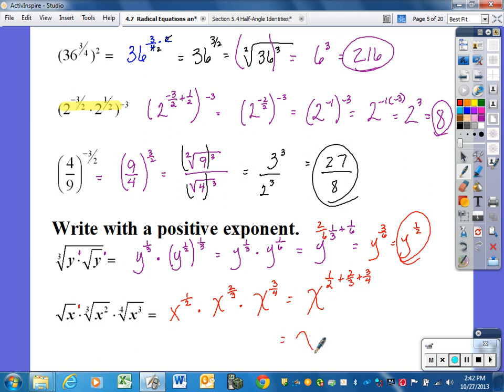This time, I need like denominator of 12. So 6/12. 3 times 4 is 12, so 8/12. 4 times 3, 3 times 3 is 9/12. So 6 and 8 is 14, and 9 is 23/12.